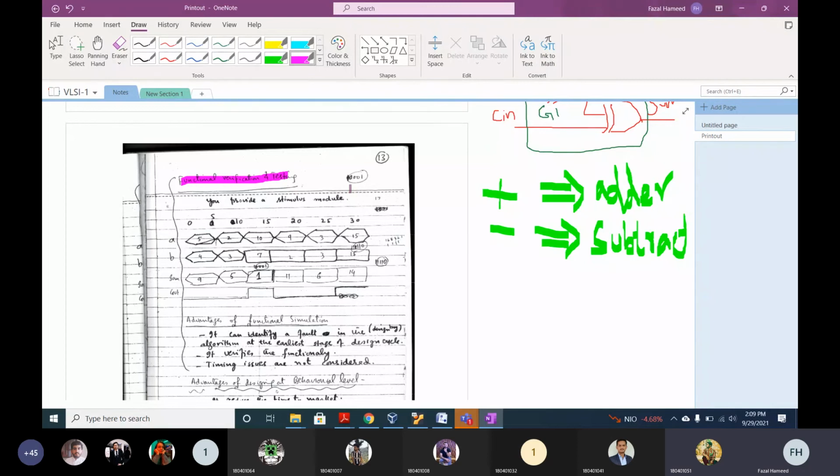Okay. So we are giving different inputs at different time instants. If you look at this timeline, we have different time points. This is time 5. This is time 10.